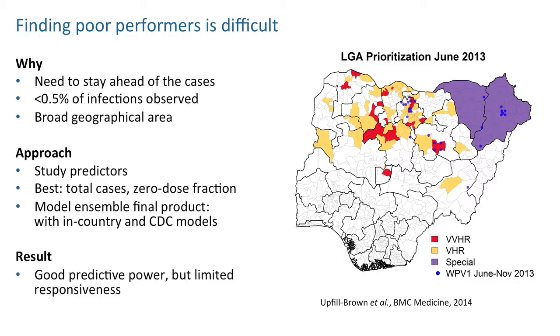So in order to do that, we wanted to look at what predictors we could use to predict where cases would be next. And what we found, what was most striking, is the best predictor was the sum of cases historically in a certain district. So a district that had a case or a lot of cases 3 years ago could be more at risk than a district which had a case just last week.